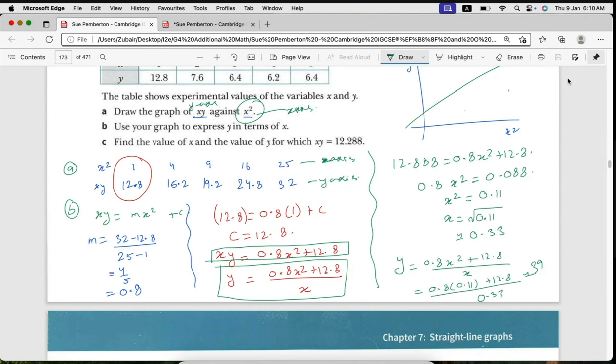So then C part would be 39.054. 39.0545. Yes.